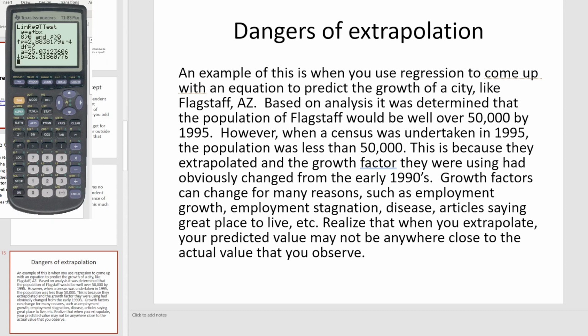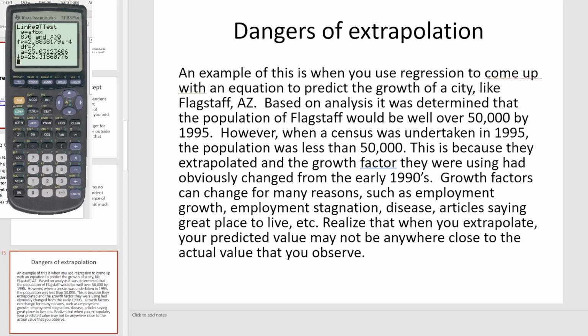And one more example of the dangers of extrapolation. An example of extrapolation is when you use regression to come up with an equation to predict the growth of a city, like Flagstaff, Arizona. Based on analysis, it was determined that the population of Flagstaff would be well over 50,000 by 1995. However, when a census was undertaken in 1995, the population was less than 50,000.